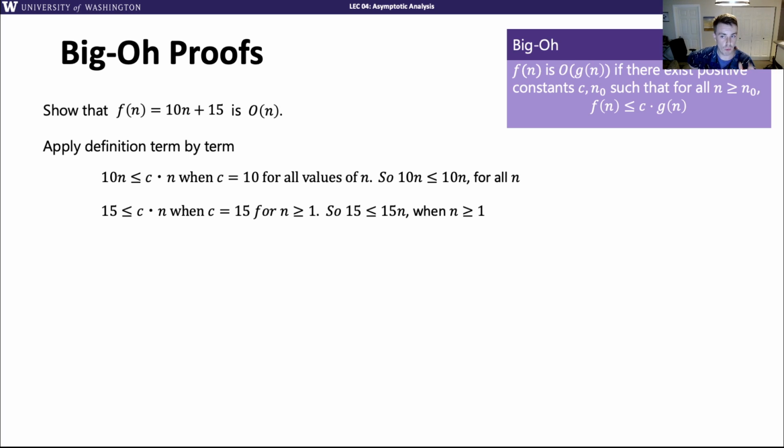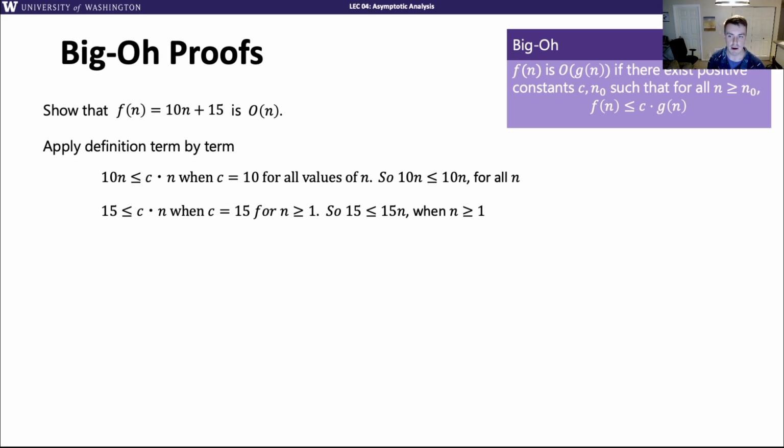When is that true? For what c and which values of n? Well, that's true if c is equal to 10, and it's true for all n. And so we came up with this essentially useless statement: 10n is less than or equal to 10n for all n. That's a true statement. They're definitely equal, so they are also less than or equal. Okay, so that's the first one.